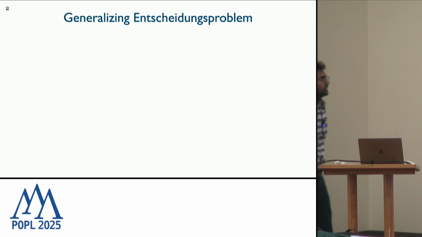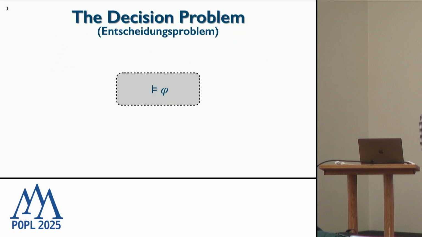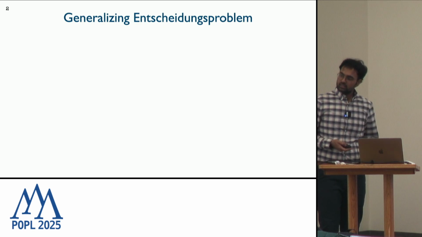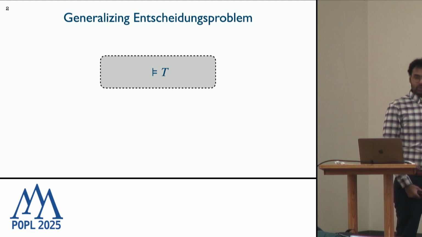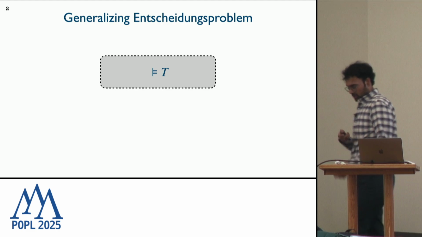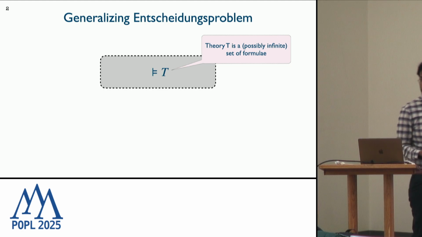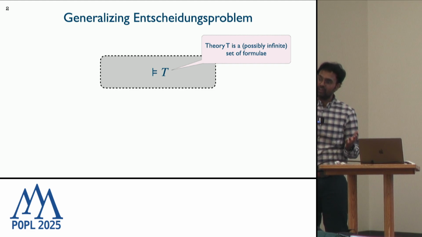Okay, so this was the decision problem, which was about a single formula. In this work, we generalize this concept, and we look at a more general question. This time, you're given a set of formulae, which we can call a theory, and now you're asking whether this theory is valid.